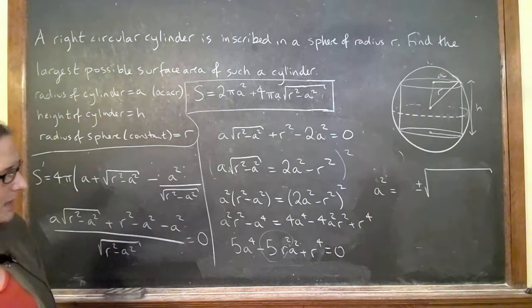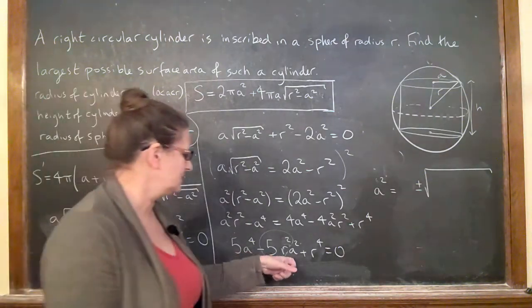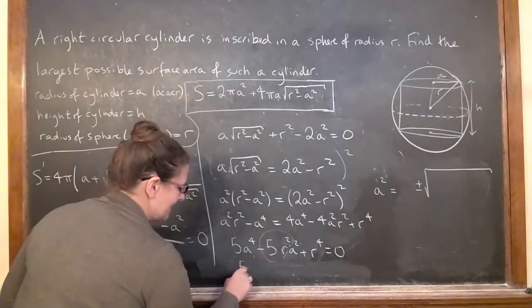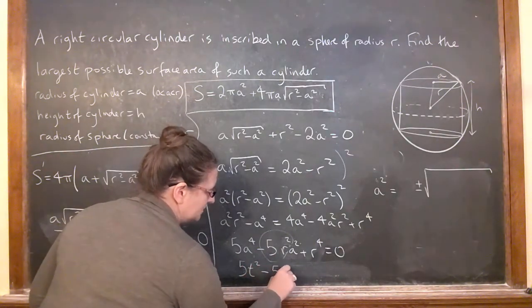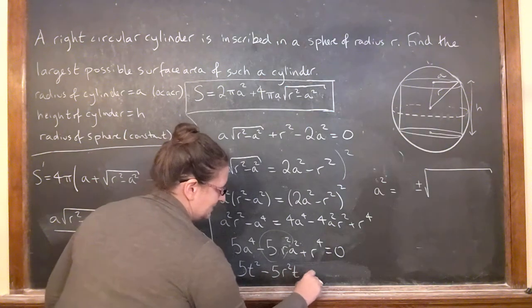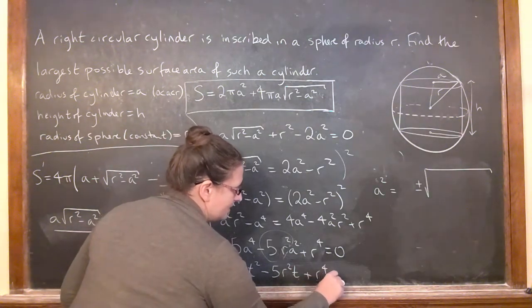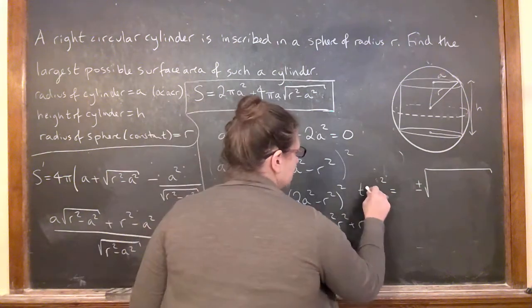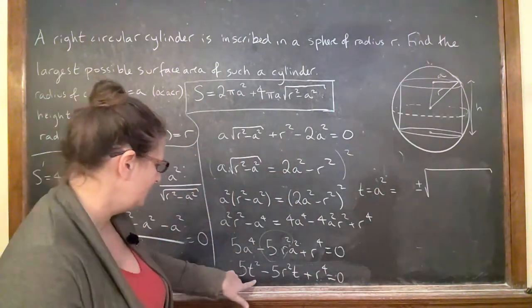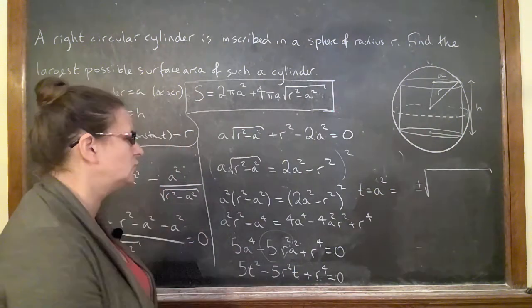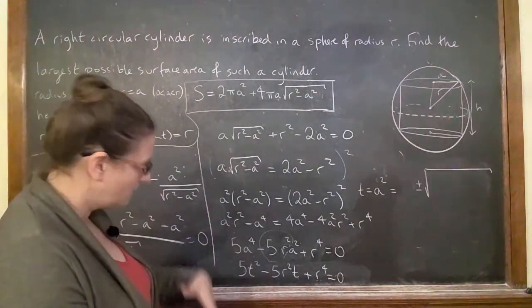I don't know if it's worse or better with the t, but if you think about it with t equals a squared, you see that you do have this t squared and t and no constant, so we can use this quadratic formula.